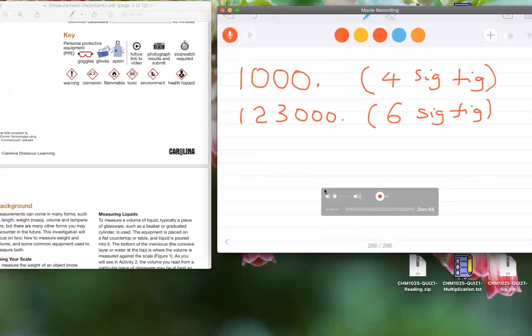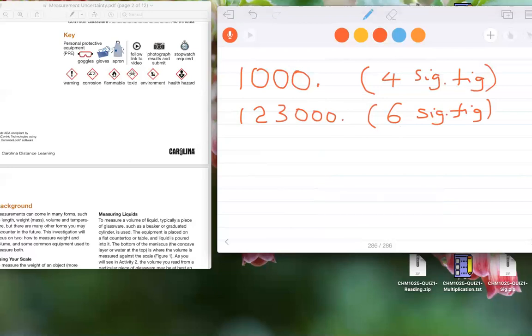So an implied decimal point should be there for trailing zeros to count. Otherwise, they will not count if you don't see any implied decimal. Be careful when dealing with trailing zeros.